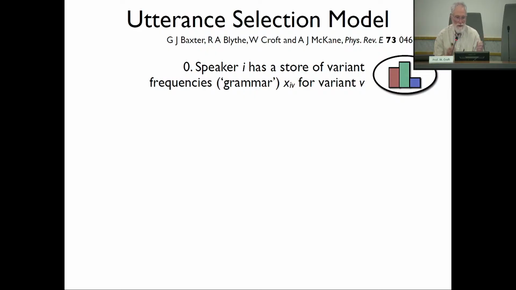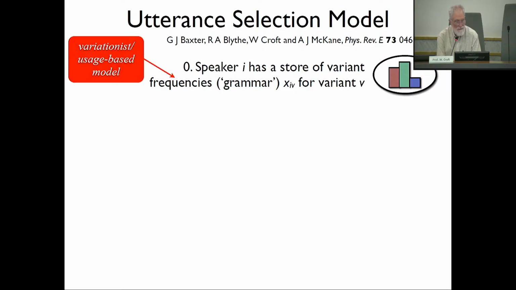This is the grammar: frequencies for different variants. So this is basically the usage-based model, but it's also the variationist model in sociolinguistics. A linguistic variable has multiple variants, and speakers track their frequencies. That's a fundamental underlying assumption of all these sociolinguistic theories of language change.